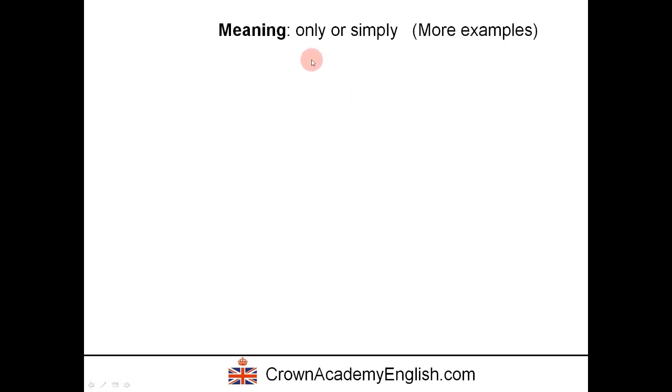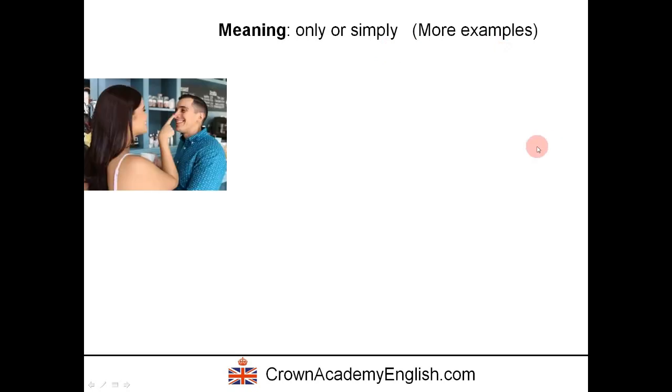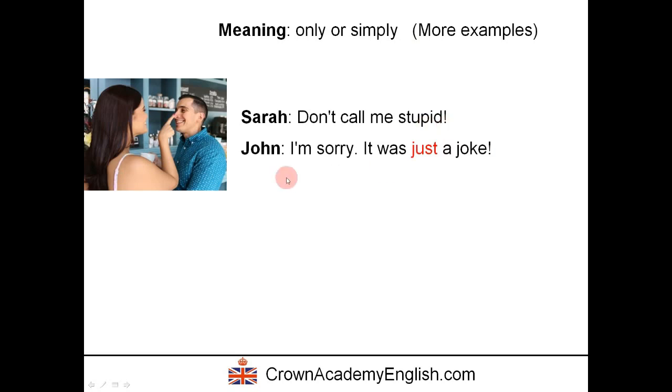And some more examples of only or simply. Sarah says, so Sarah is joking. Sarah says, "Don't call me stupid." And John says, "I'm sorry, it was just a joke."